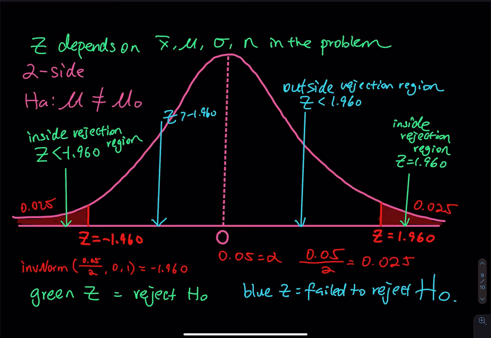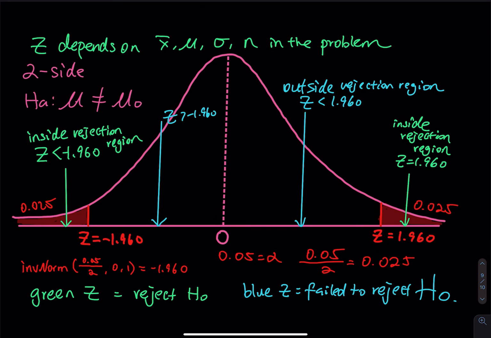And then since you cut that into two pieces, that reduces the rejection region on each side, you have to recalculate a Z. Do you see that for the inverse norm command, I take alpha divided by 2. So this time I get another Z, negative 1.960 and a positive 1.960, one on the left, one on the right. The graph is symmetrical.